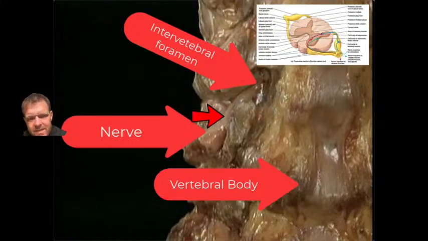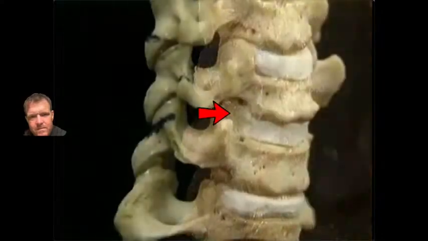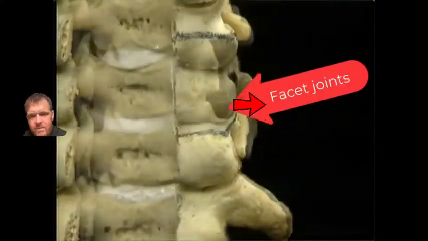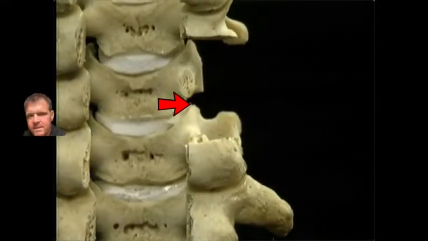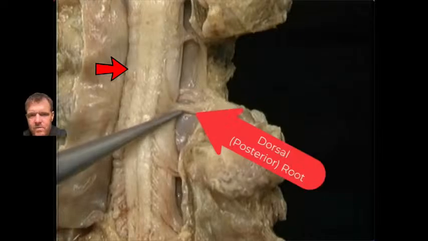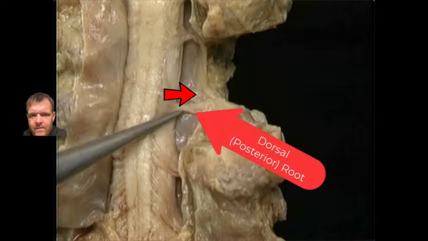So here's your nerve coming out here. There's your vertebral, intervertebral foramen. This is a really good image in a sec. There we go, look at that. Cool. So there's your dorsal root just there, and then the ventral root at the front. So we're looking at anterior and posterior. Remember, dorsal was sensory and ventral was motor.